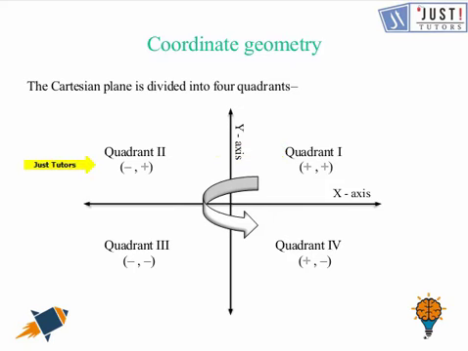Then quadrant 2 has x in negative numbers and y in positive numbers. We call it quadrant 2. Quadrant 3 is where both x and y are negative numbers. Quadrant 4 is where x is positive however y is negative. So we go in an anti-clockwise direction when looking at the quadrants.